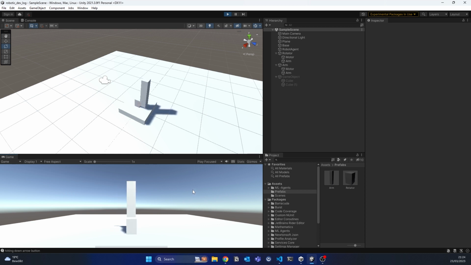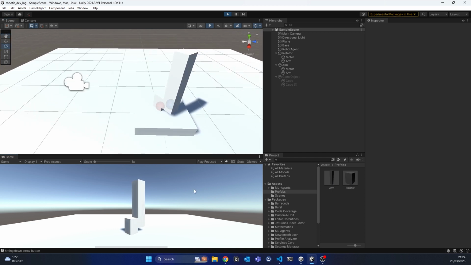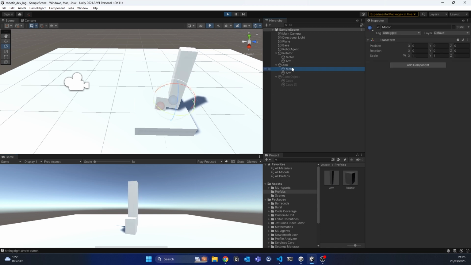Okay, this seems to be fine now. It's a bit slow, I'm not sure if that's normal. So now I'm trying this left and right button, but these guys are not doing anything.